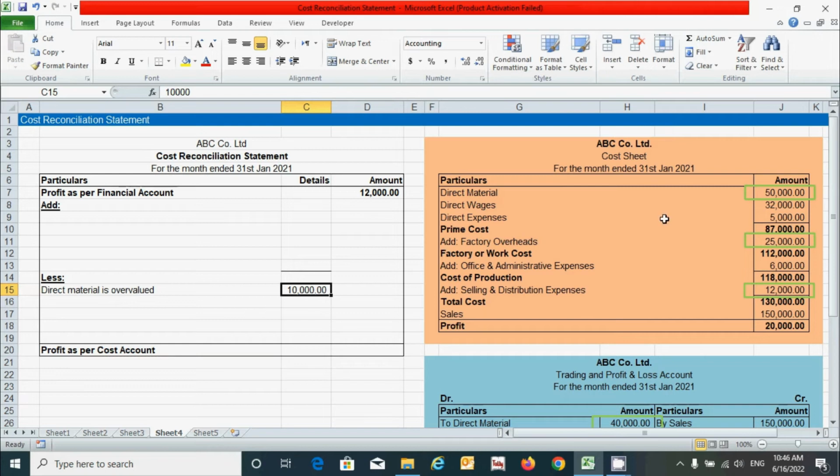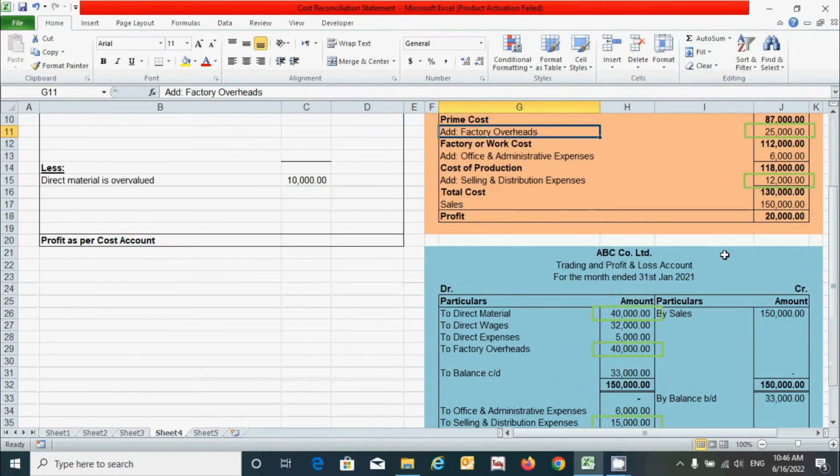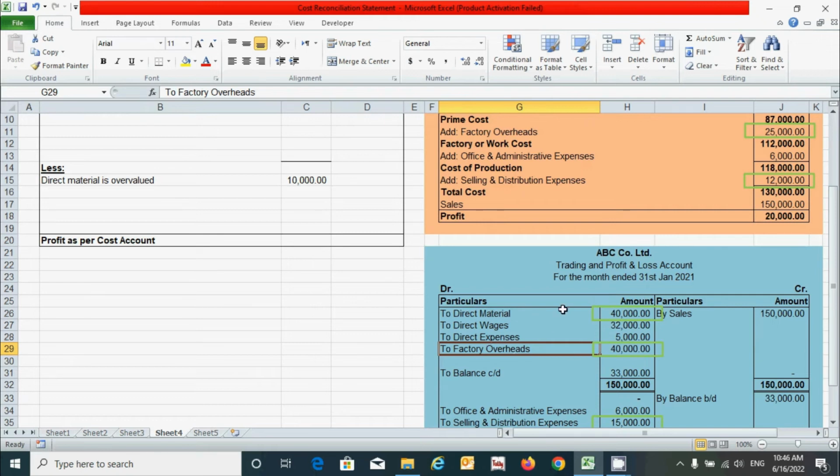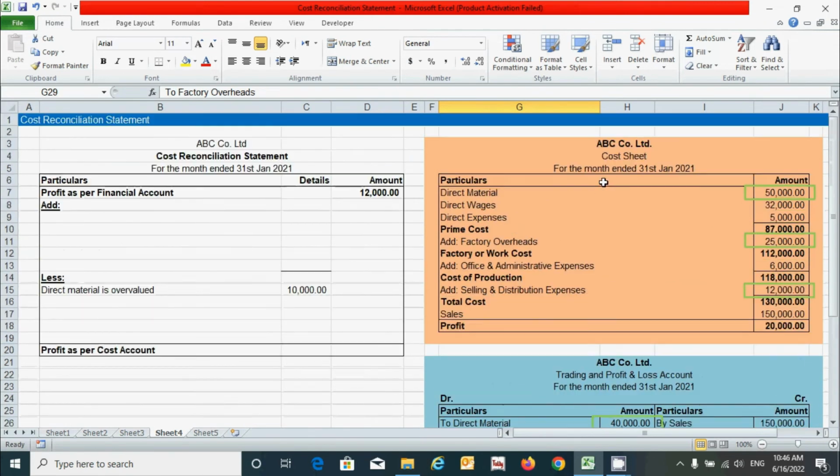Okay, now the second unique transaction we have is factory overhead, which is 25,000 rupees, and you can see that here the factory overhead is 40,000 rupees. That means undercast in this statement. Why? Because we have to follow this statement. So based on this statement, the value is showing undercast, which is a kind of profit for cost account. So it should be put under the add section.